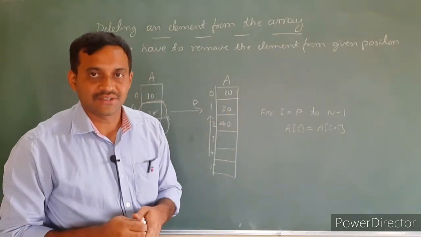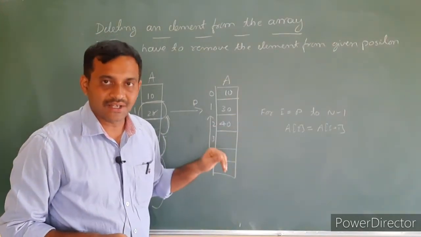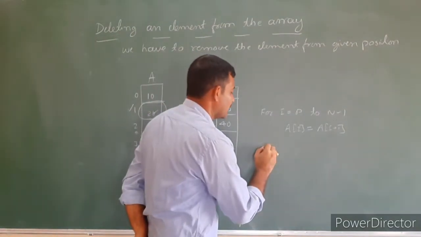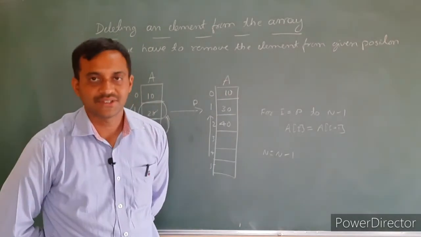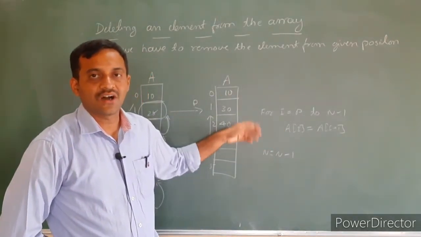After overwriting all the elements, the length of the array is decreased. After the for loop, we have to reduce the length of the array to n minus 1. When the for loop is evaluated, it overwrites all the elements.